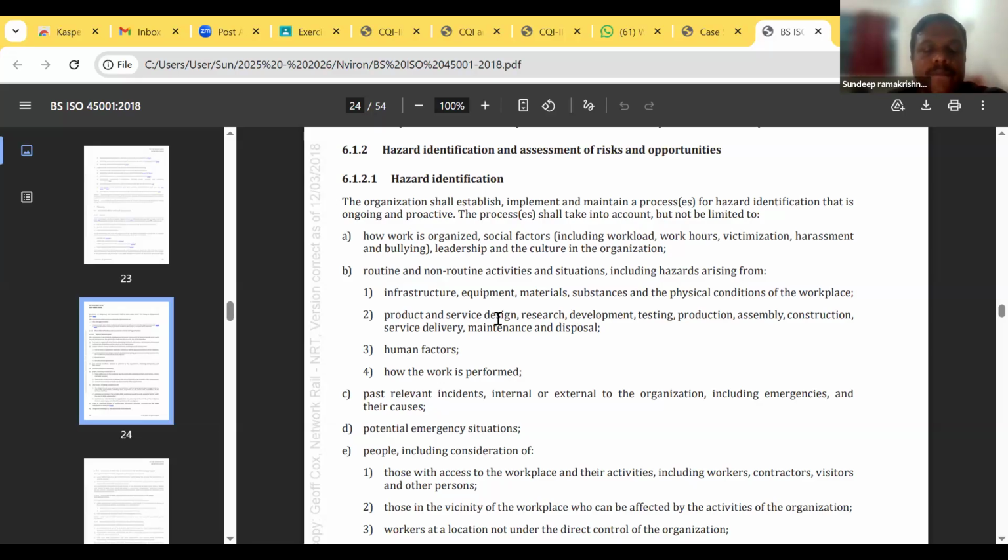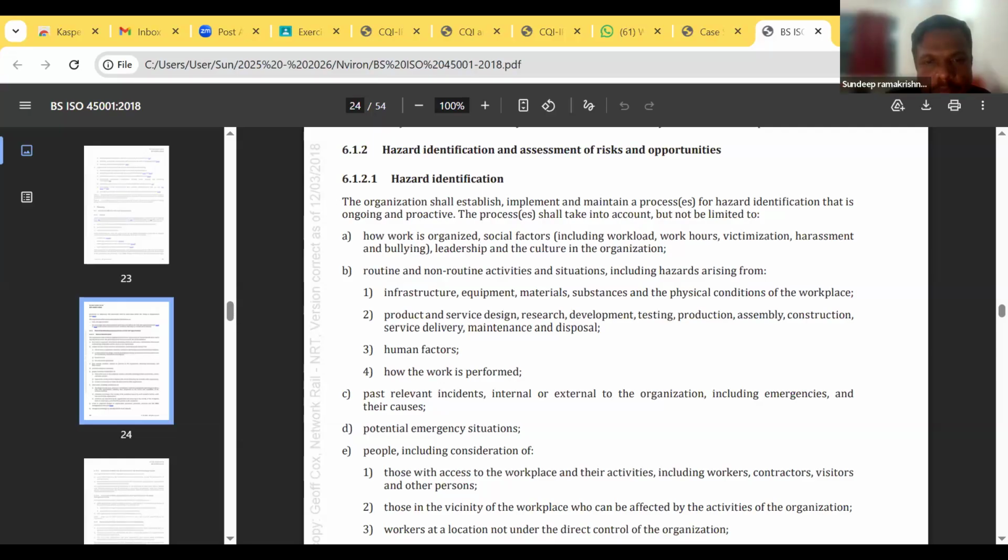Yes, sir, it is reactive, not proactive. The standard expects hazard identification to be ongoing and proactive. This is a reactive approach, which is not acceptable. You understand? Yes, sir. Okay, second answer.